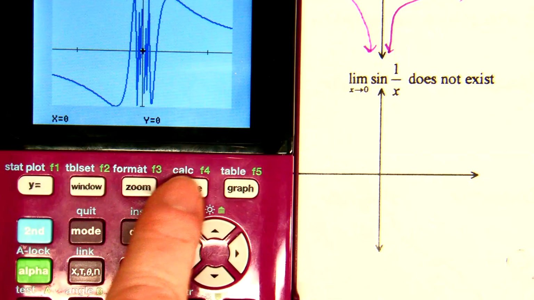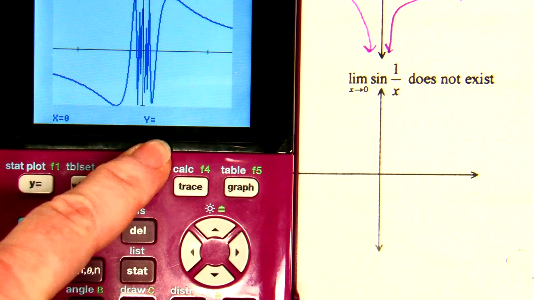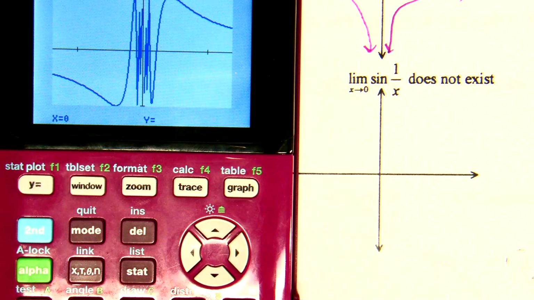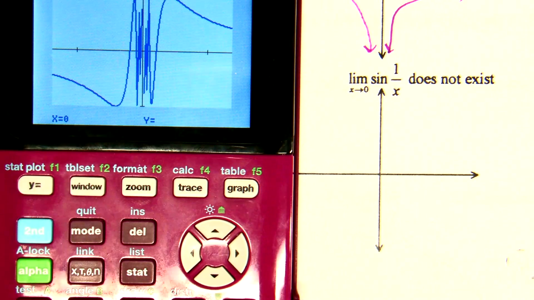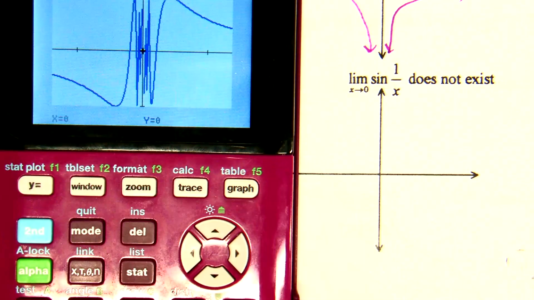Zoom again. You can zoom again. I'm curious. If I hit trace and I type in 0. Okay, so right there, I did the whole trace thing, and I typed in x equals 0. Notice what my y says. It's blank. What that means is there's either not a value or not just one value.